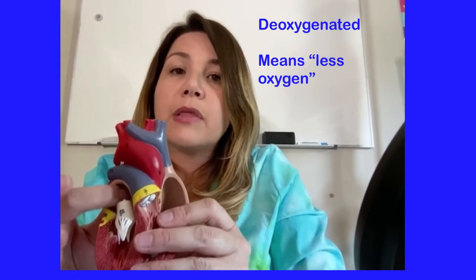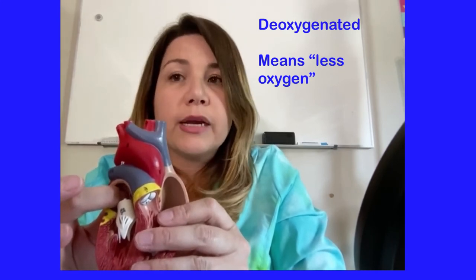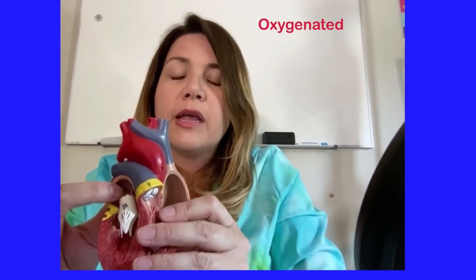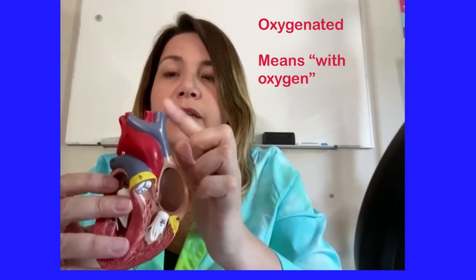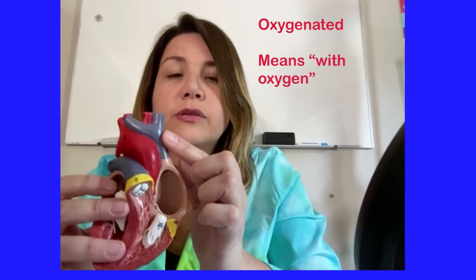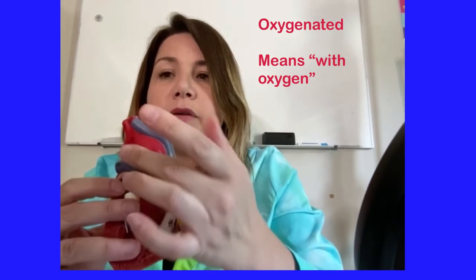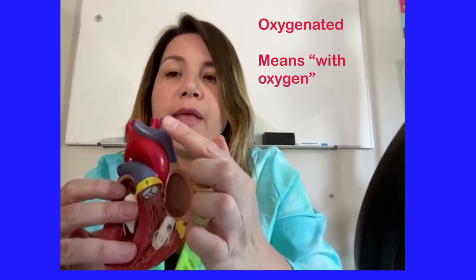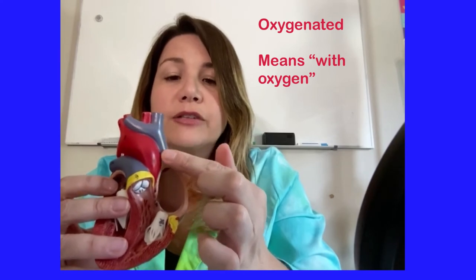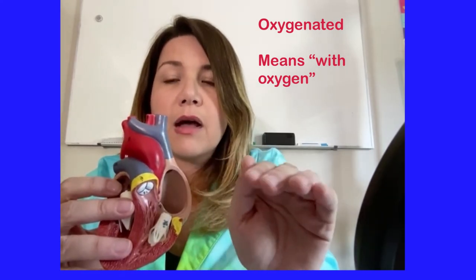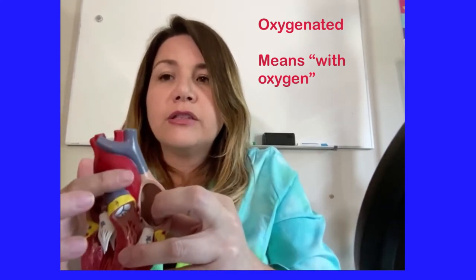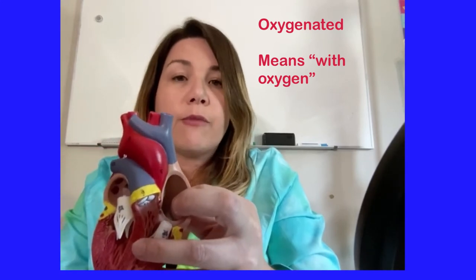So now the blood is called oxygenated because it now has oxygen. So you'll notice that on this side they show these vessels in blue, and on the other side they show them in red. And that is showing you the difference between deoxygenated blood, which has less oxygen, and oxygenated blood, which just came from the lungs.